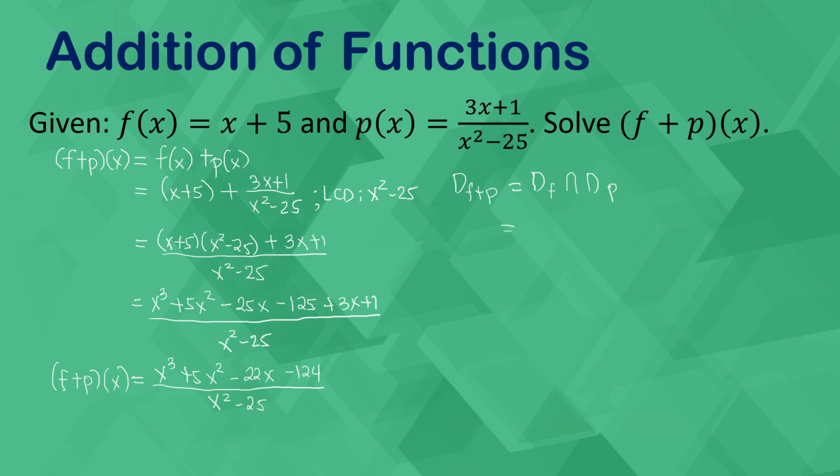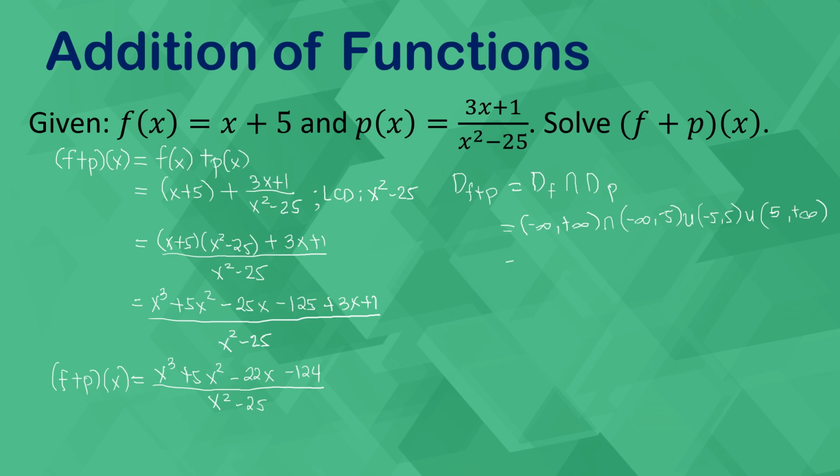The domain of f is the set of all real numbers, while for p, we have the set of all real numbers less than negative 5, union of negative 5 and 5, union of 5 and the set of all real numbers greater than 5. So we already have this a while ago when we determined all the domains of the 6 functions.